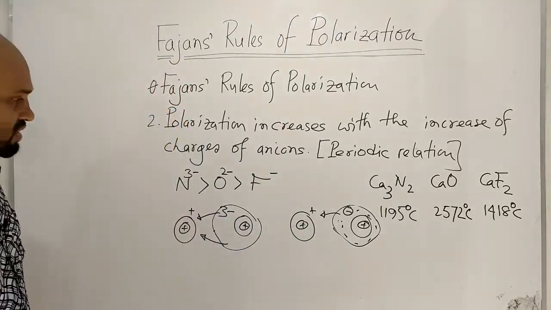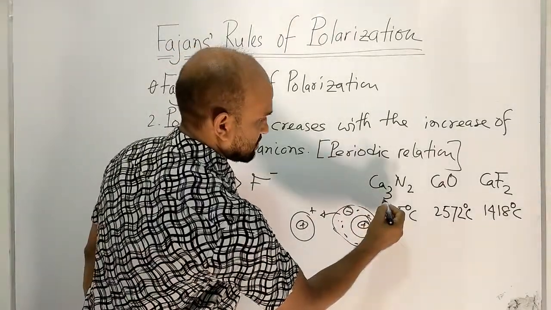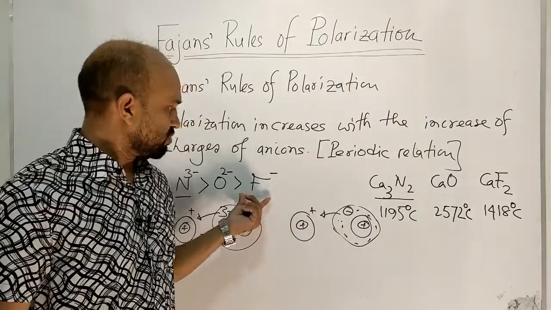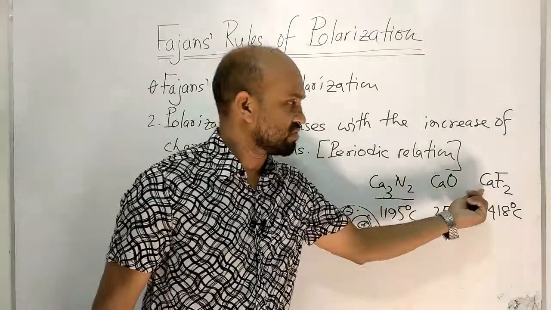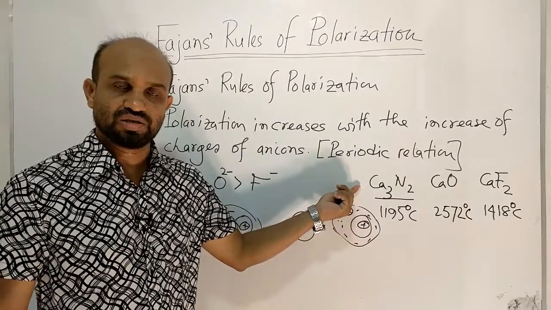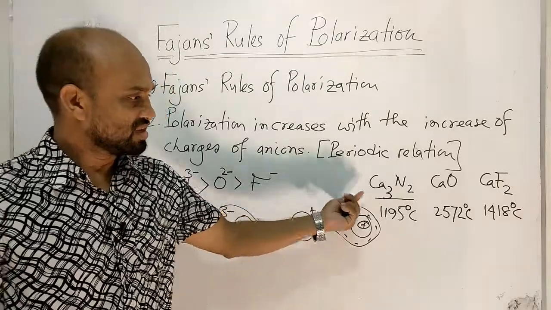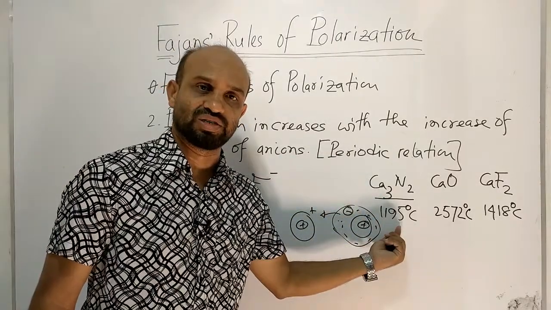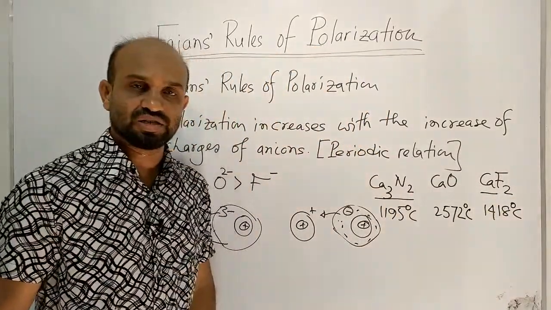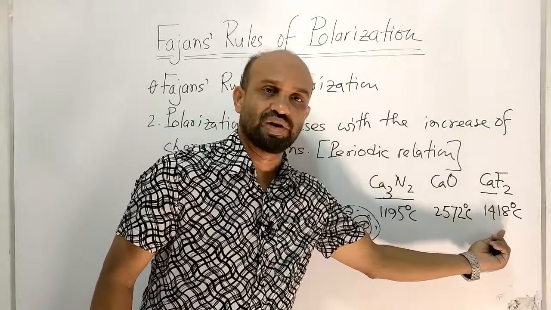Now let's see the compound of nitrogen, that is calcium nitride, and the compound of fluoride ion, that means calcium fluoride. Here, more polarization, more covalent in nature, and lower melting point. But in this case, less polarization, more ionic, high melting point.